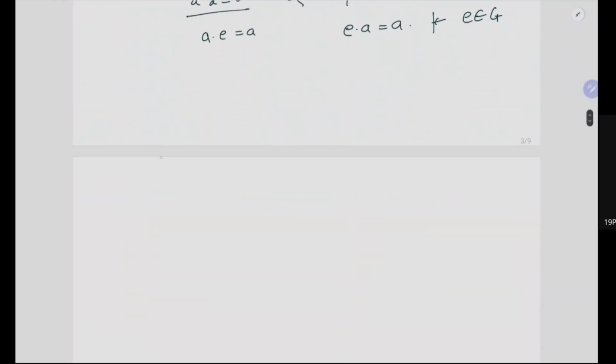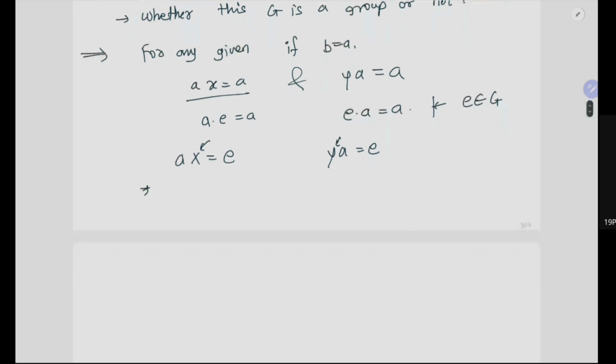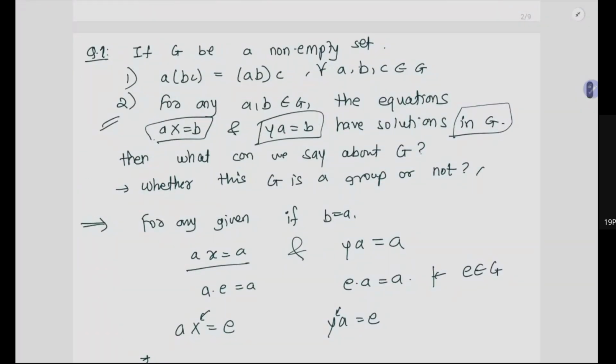Yeah, exactly. So now that we have E inside our G, we can have that AX is equal to E, and again YA is equal to E, then this X and Y which we will get here will be namely the inverse of our element A in the group. So this will be a group.